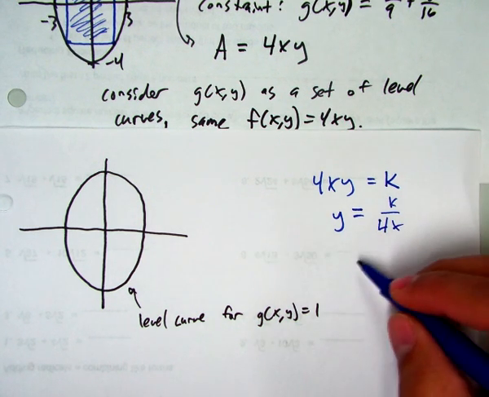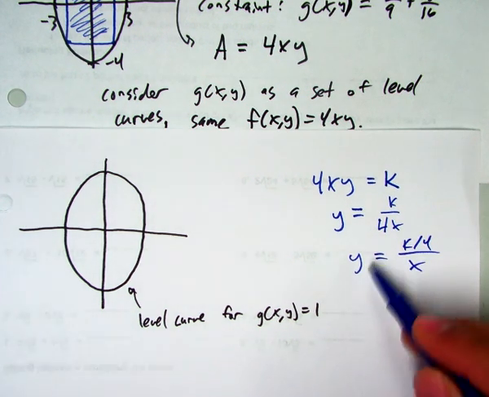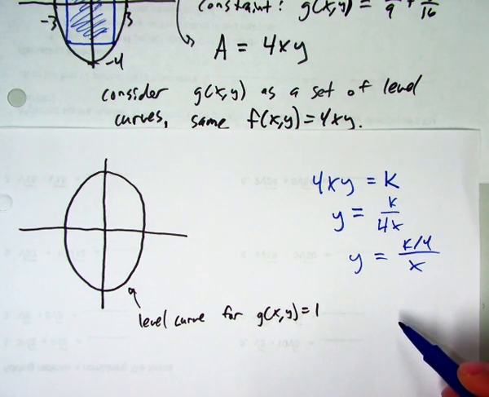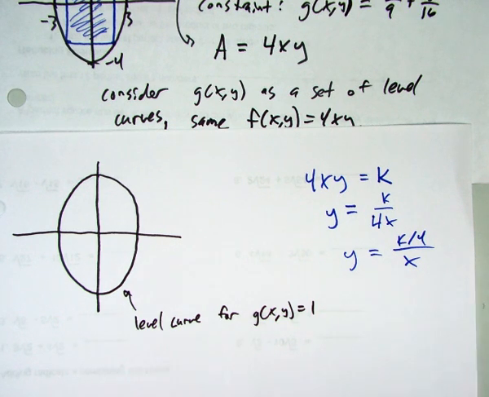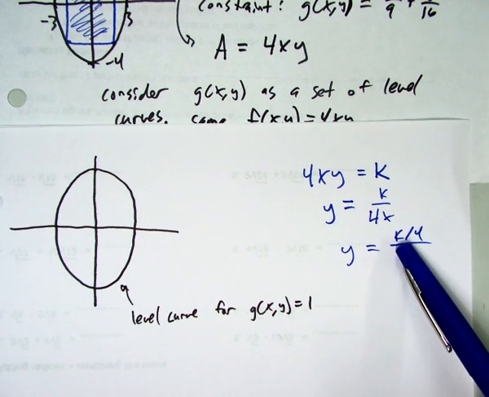Which is essentially just another constant over x. So this is just a set of hyperbolas, right? Similar to the function y equals 1 over x, just a little different because the constant's different in the numerator. You can certainly play around with this constant, make it equal to 4, make it equal to 1, make it equal to anything you want.